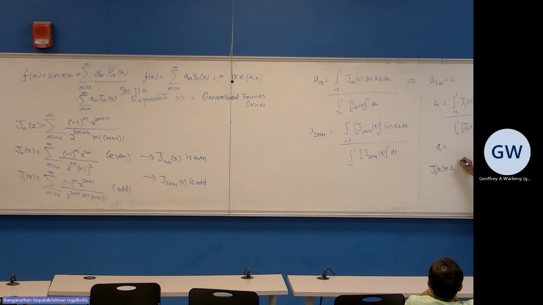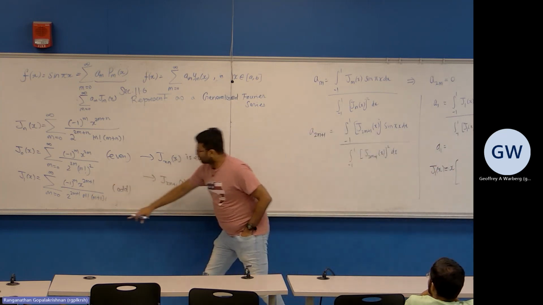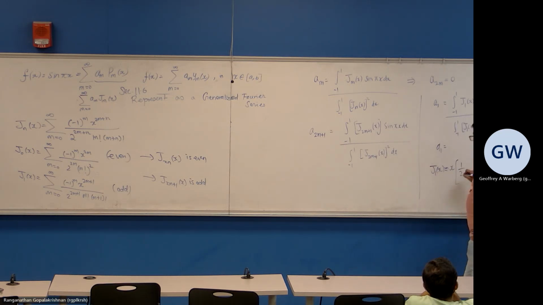It will be X. First term is X. So I have M equal to 0. 1 over 2 times 0 factorial, 1 factorial. So 1 over 2. What is the second term? M equals 1.